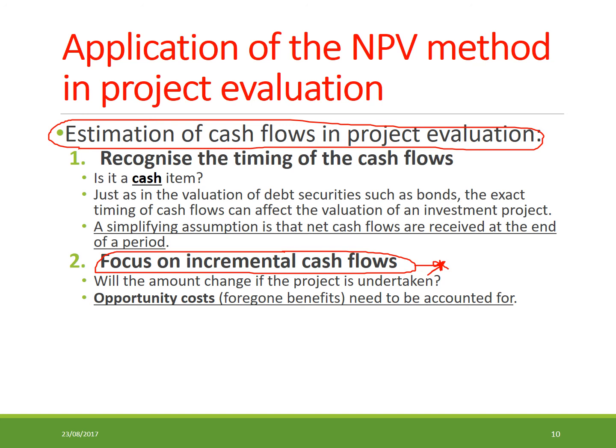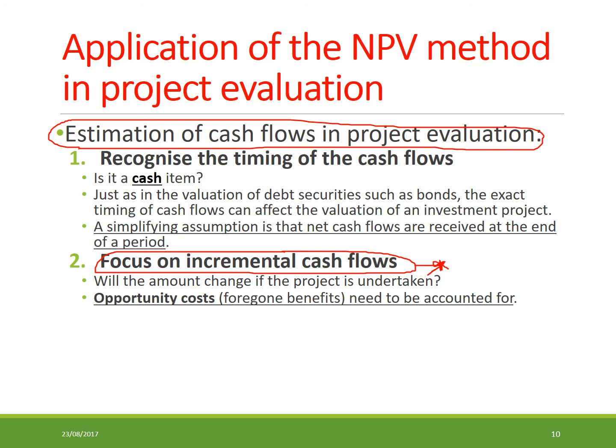Opportunity costs, we'll talk about that later on in the workshop. Opportunity costs are cash flows that are not generated from a certain project. So if I invested in a coffee shop using my current building, and currently I'm renting the building to another company and getting like $10,000 a year in rental income, then if I were to have my own coffee shop using the same building, I have to give up the current rental income.